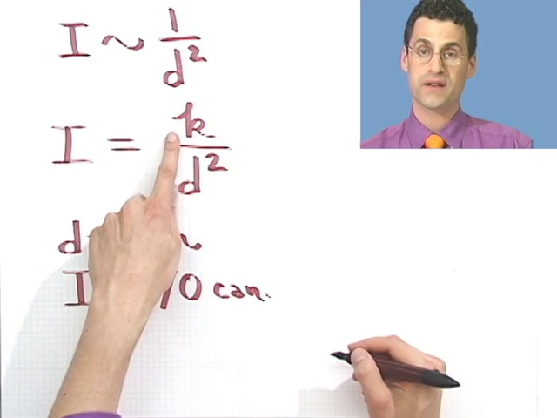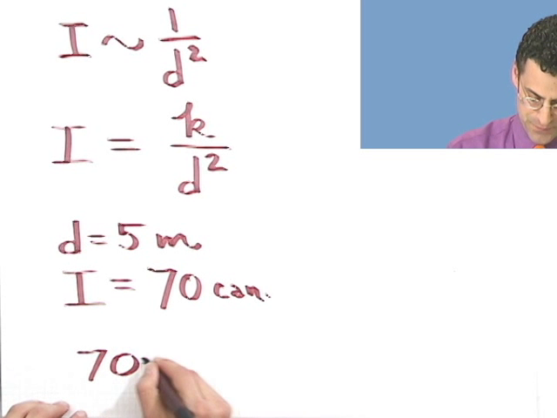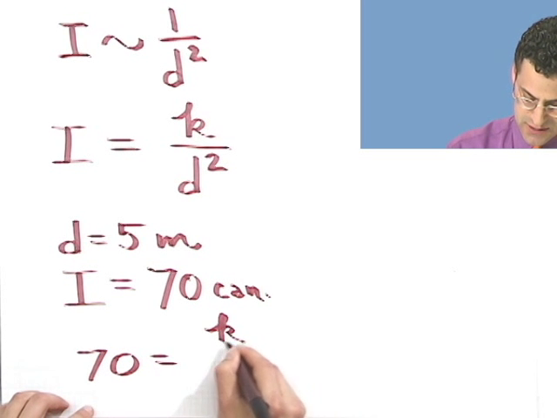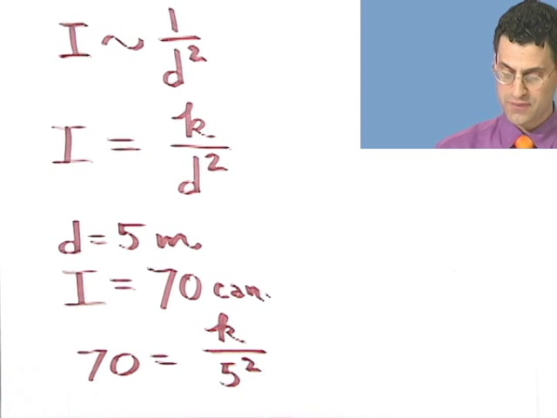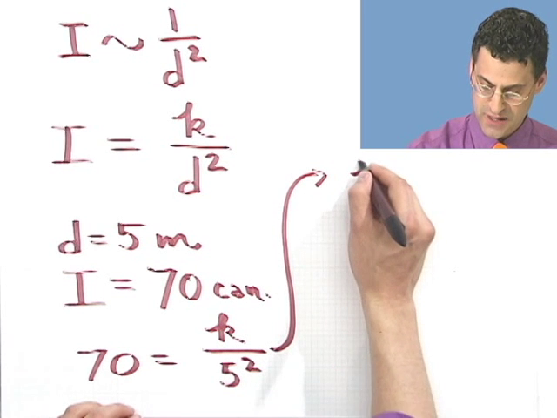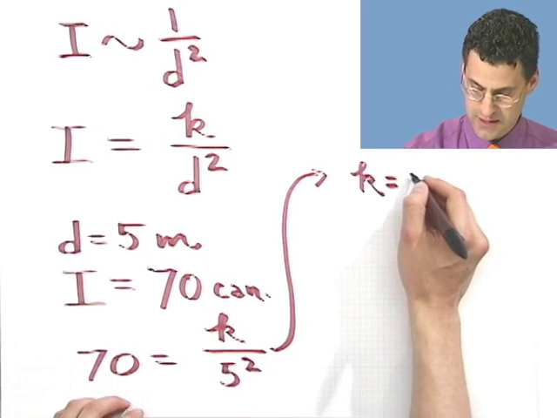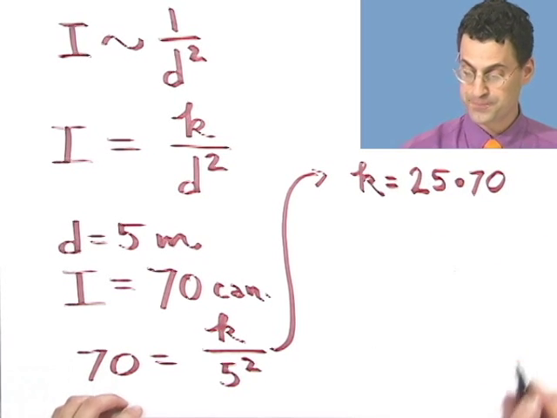Can I then find the constant? I would say that 70 equals this constant divided by 5 squared, which is 25. And so the constant would just be 25 times 70.